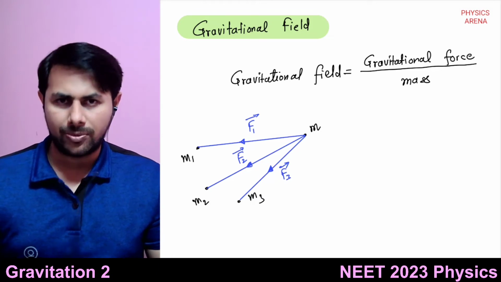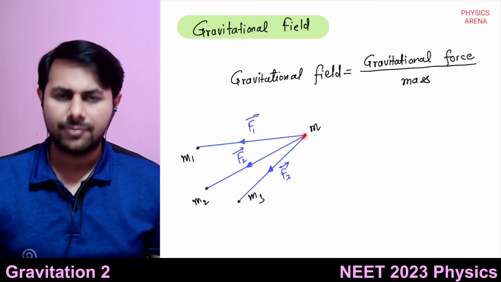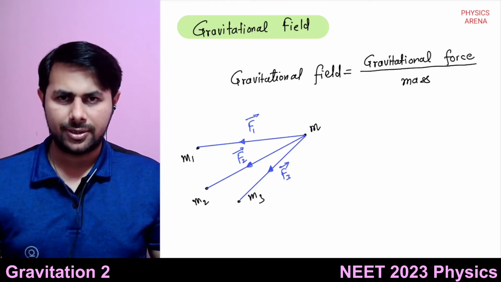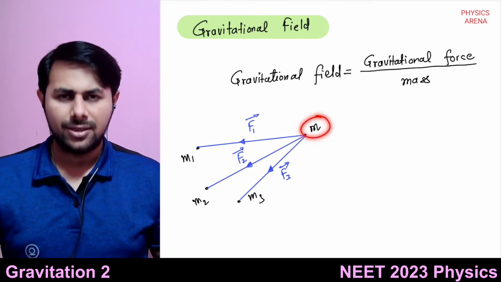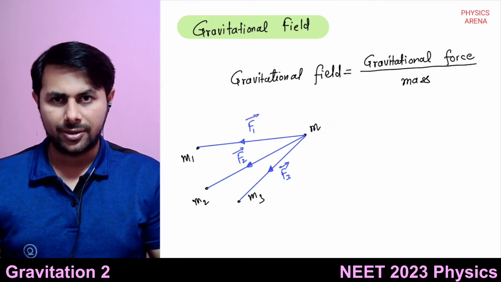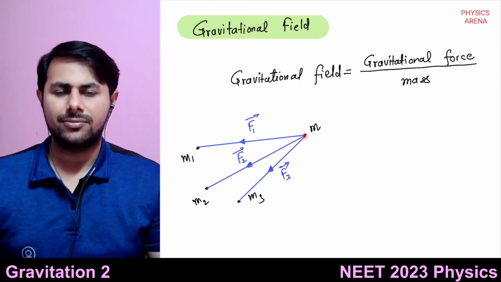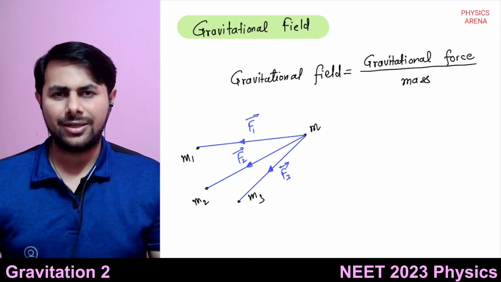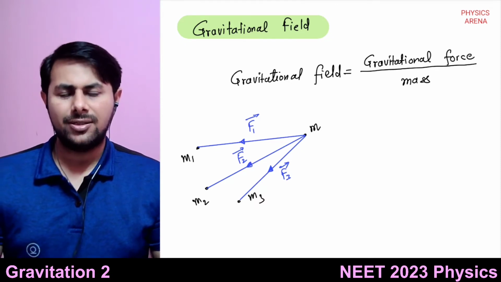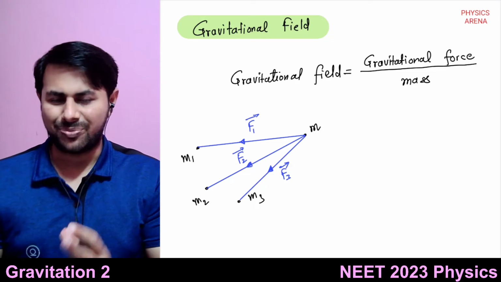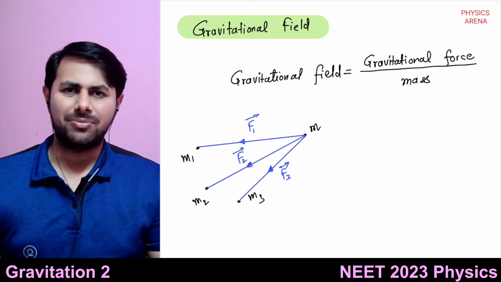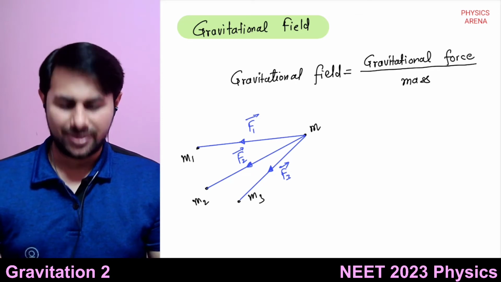The net gravitational force acting on this mass. And the net gravitational force divided by this mass is the gravitational field at that point. So gravitational field at any point in space is the net gravitational force acting on any object divided by the mass of the object kept at that point.